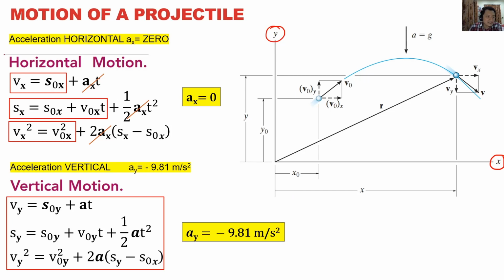So you need to consider two things lah. Number one, you need to consider horizontal motion. So for horizontal motion, since the motion is horizontal, there is no acceleration. Acceleration in the horizontal direction is equal to 0.